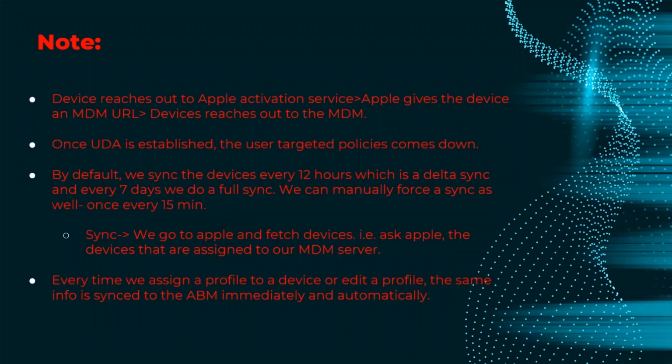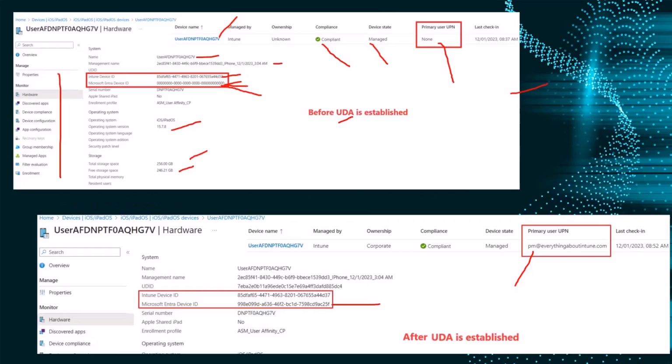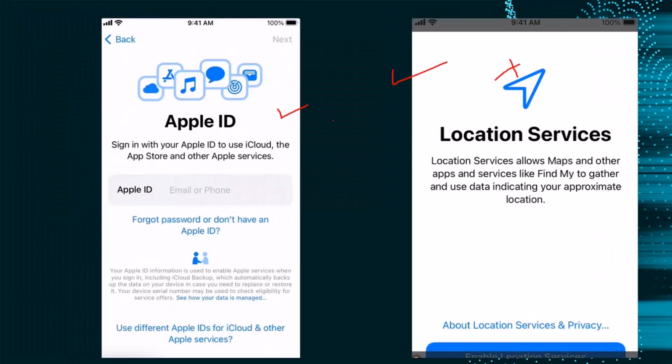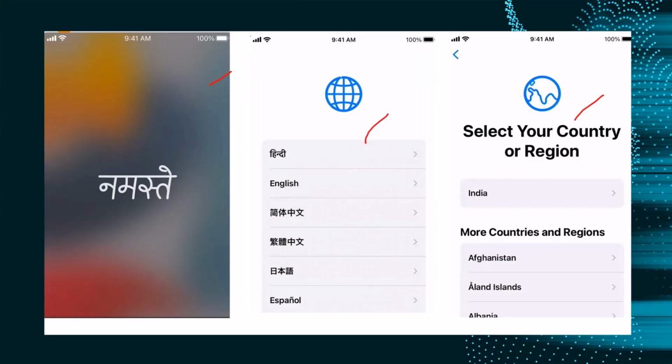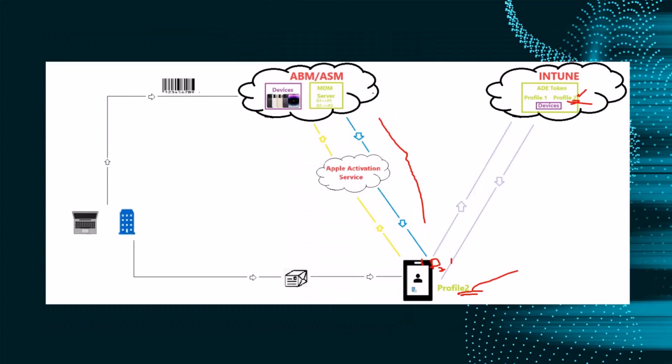All right, just a little bit of the crux of what we have understood until now as far as the flow is concerned. First, the device is going to reach out to the Apple activation service. Apple gives the device an MDM URL. How is Apple able to give the device the MDM URL? Because over here we have done the mapping of which device has which profile and which MDM server, right?